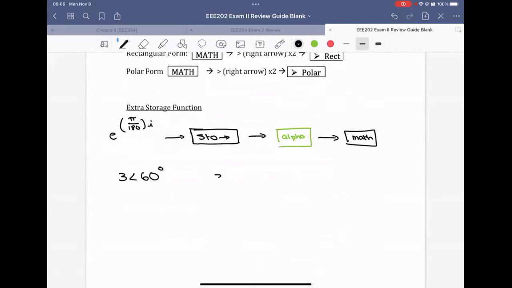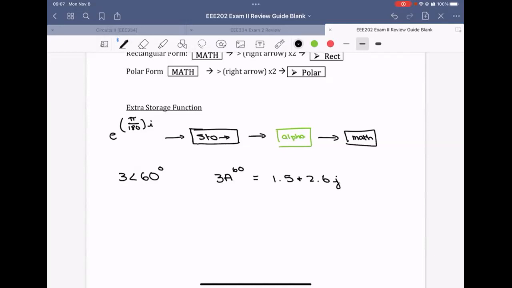If we do 3A to the power of 60, that will convert it to rectangular form. So 3A to the 60 gives me 1.5 plus 2.6 I, or we'll start using J now for the correct notation.